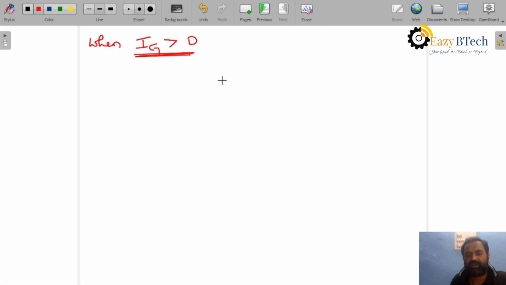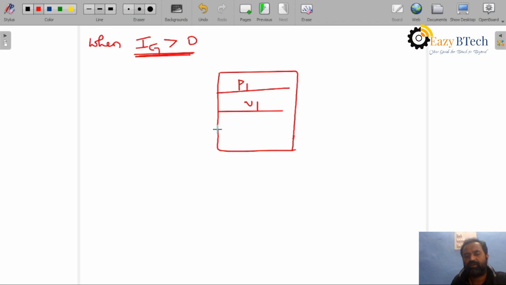Gate voltage greater than 0. This condition you can see here clearly. P1, N1, P2, N2. This is the gate, anode, cathode.